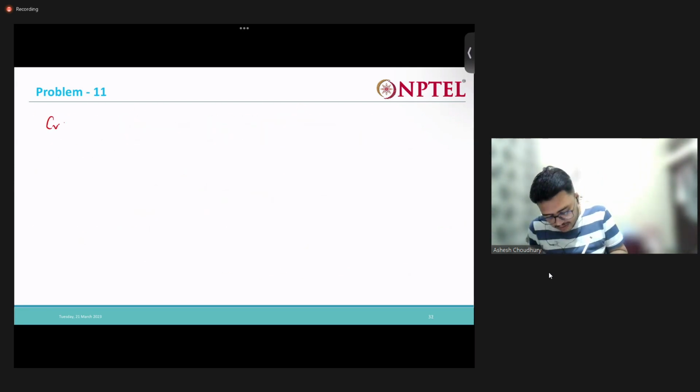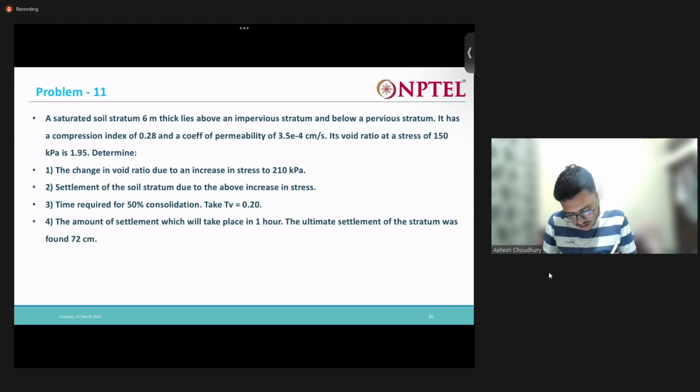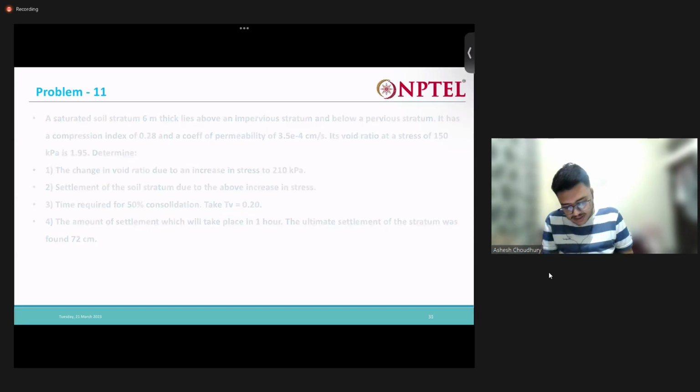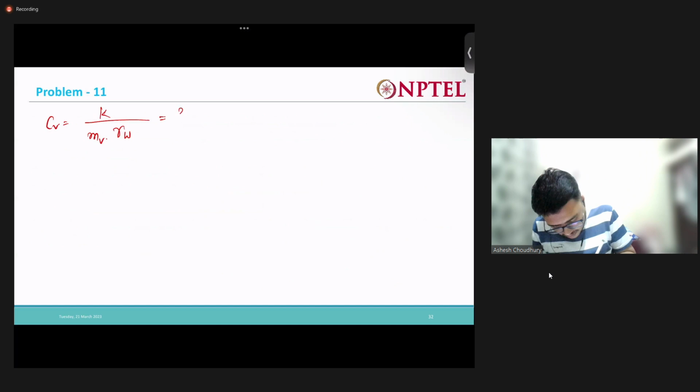So what is cv? cv is k by mv gamma w. How much is k? 3.5 into 10 to the power minus 4 centimeter per second.